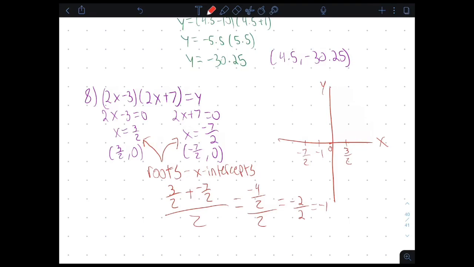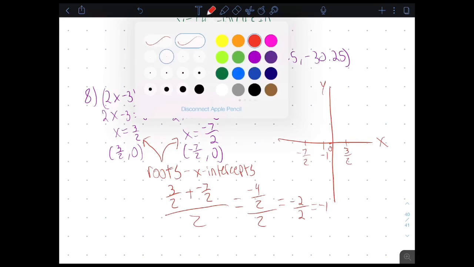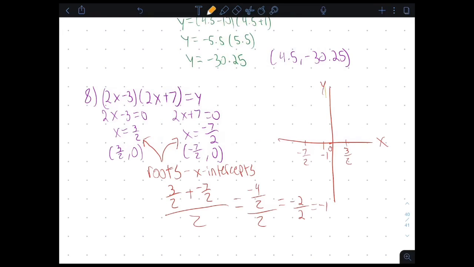So at negative 1, that's not to scale. Wherever halfway between these two from left to right is, negative 1 is going to be there. That's going to be our axis of symmetry. Halfway between the roots is the axis of symmetry.